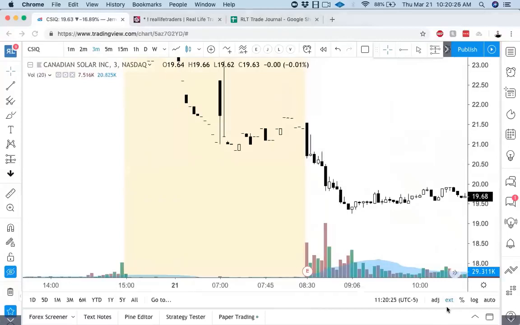So it was intraday volume plus look at the volume from yesterday, the last 2 candles. Last 2 candles had what type of volume? Massive bearish volume. Exactly. So you have massive bearish volume.